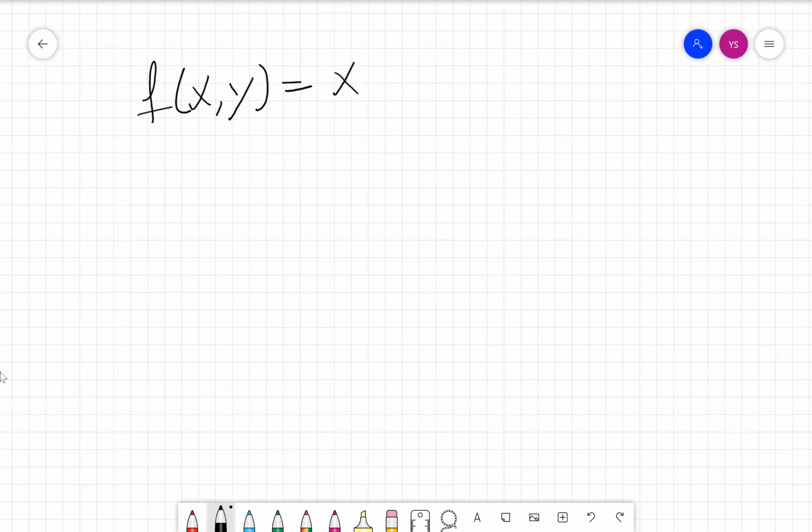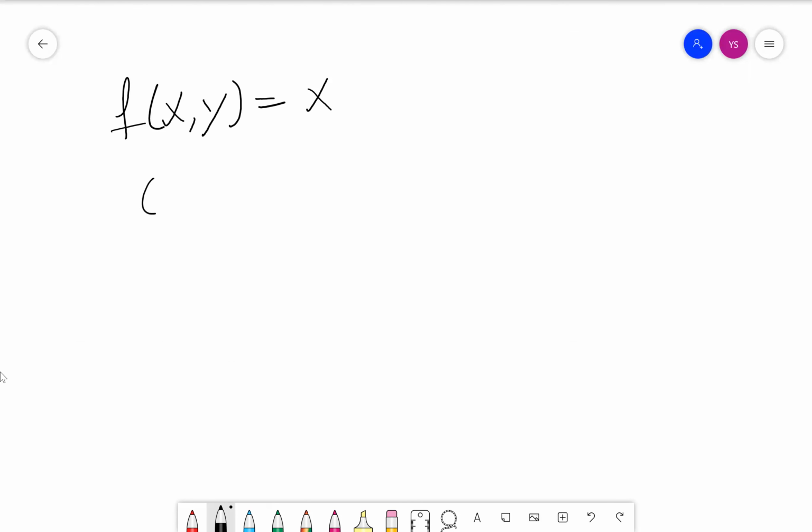Okay, so let me do one problem. Let's say we're asked to integrate the function f of x, y equal to x on the domain given by the triangle with vertices (0, 0), (1, 1), and (2, 0).